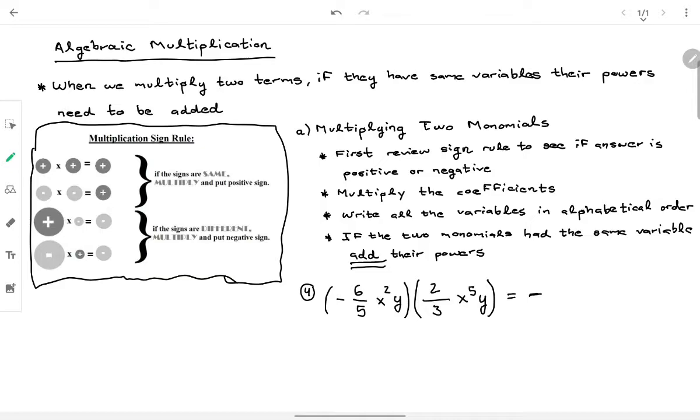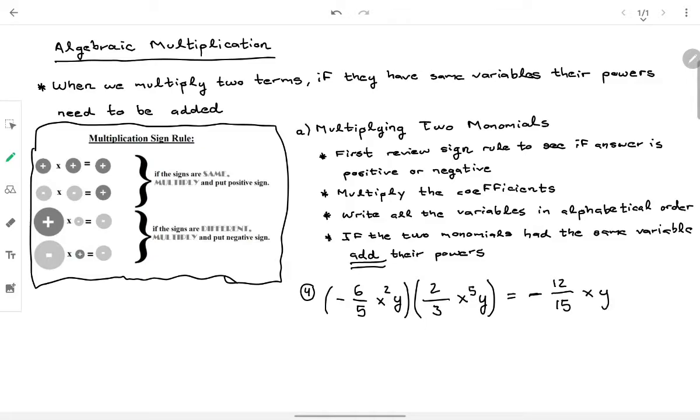So then we will need to multiply the coefficients. In this case, I will multiply them first and then simplify them, but you can also do it both ways. So in this case, we will get 12 over 15.